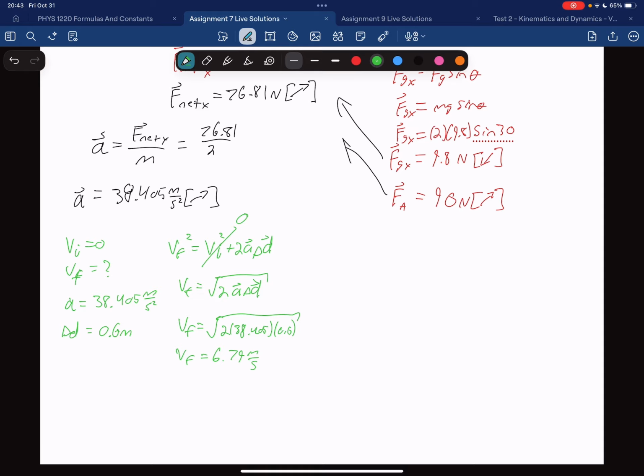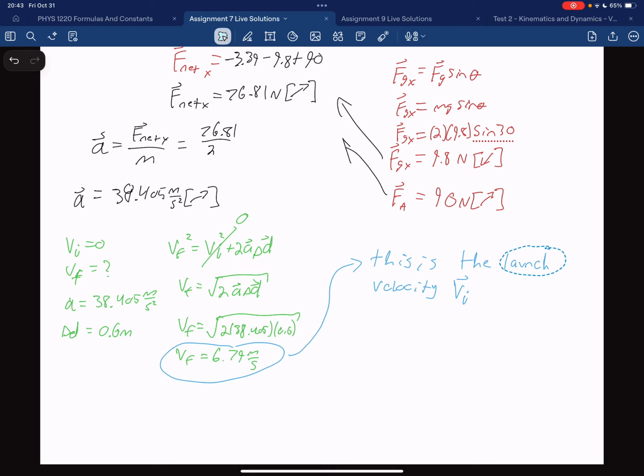And this final velocity here, this is the launch velocity. So now this is VI. So this is our initial launch velocity.